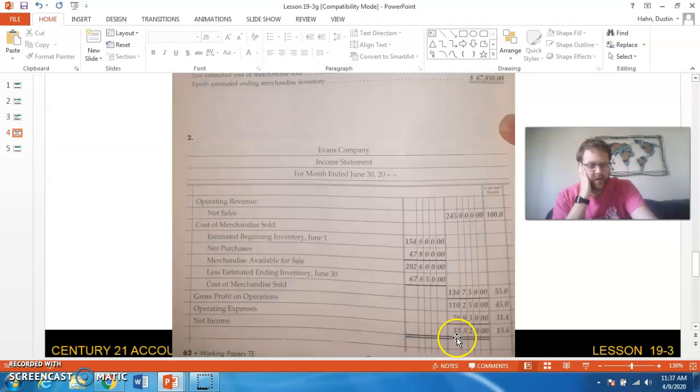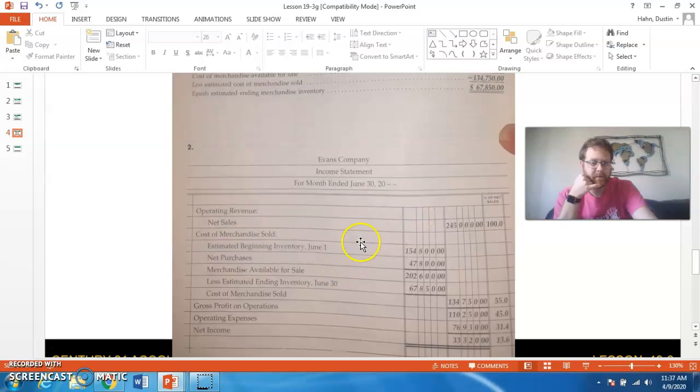Then 33,320 divided by 245. That equals 0.136. Take it times 100. That equals your 13.6%.